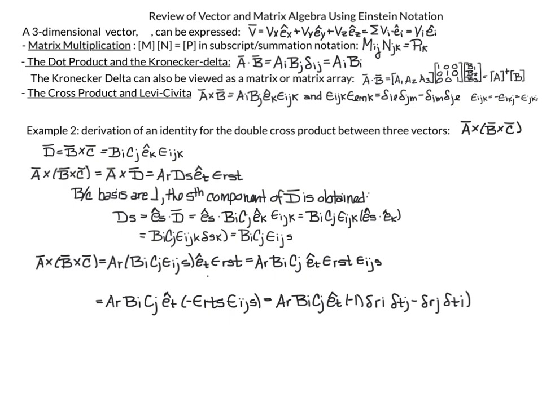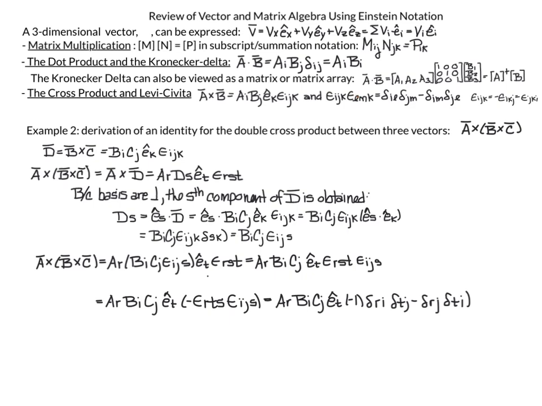So epsilon IJK, epsilon LMK, again, same index at the end, is delta IL, delta JM. That's delta the first times the first, delta JM, that's the second times the second, and then minus delta IM, delta JL. That's the first times the second, and the second times the first.